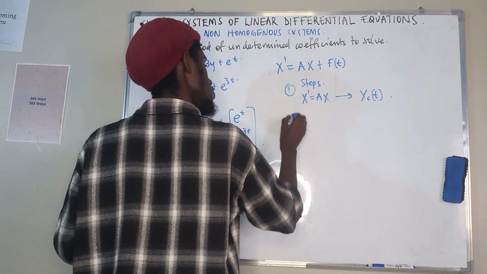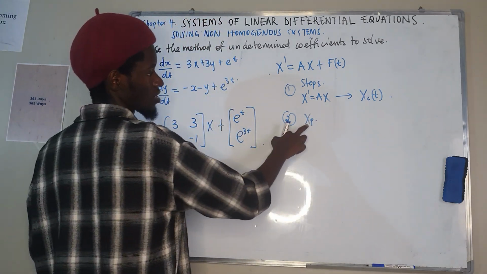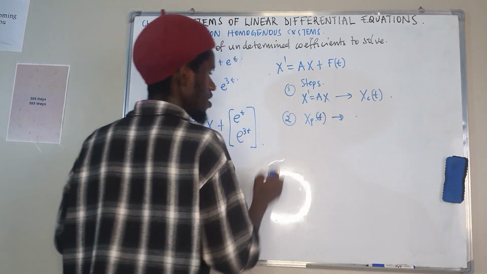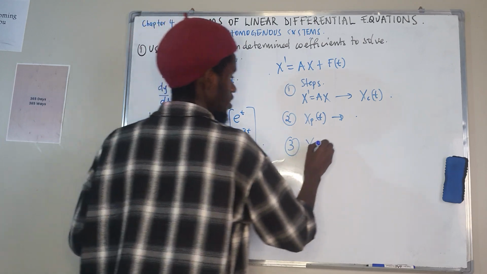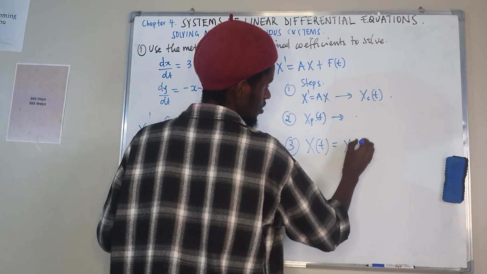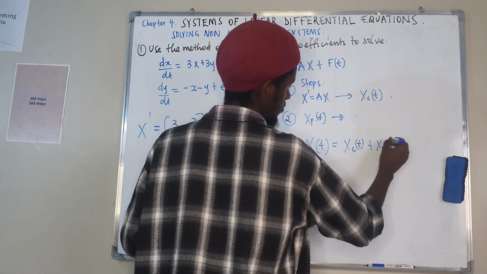Then step 2, we assume the particular solution xp of t. Then we solve for this one, you get the answer also. And then the last step, we find the general solution, x of t, the same as xc of t plus xp of t.